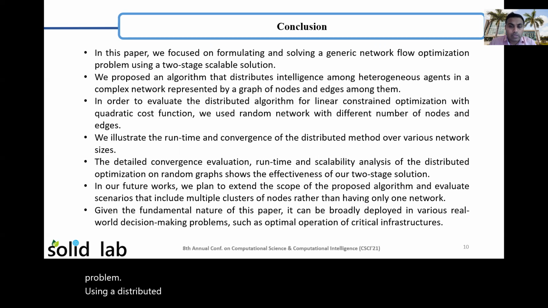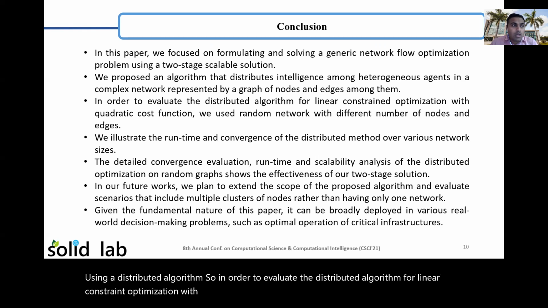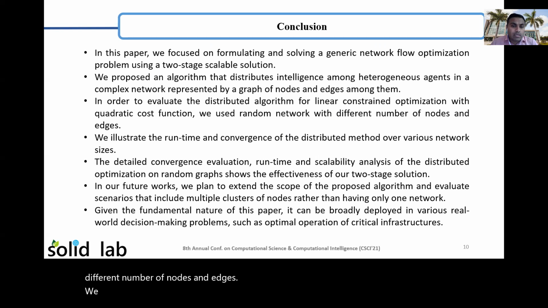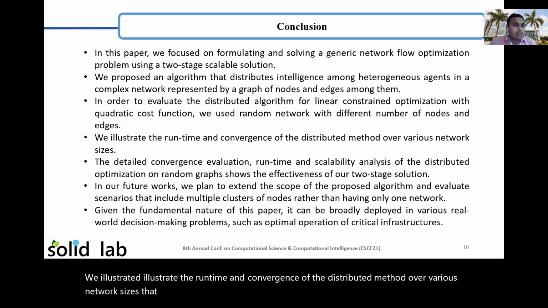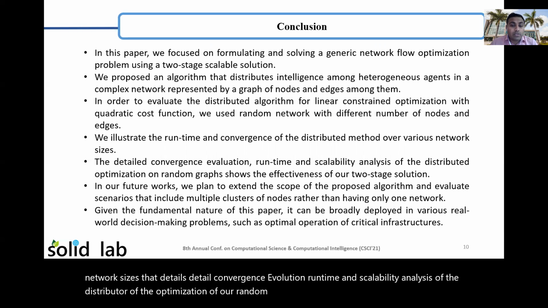In order to evaluate the distributed algorithm for linear constraint optimization with a quadratic cost function, we used a random network with different numbers of nodes and edges. We illustrate the runtime and convergence of the distributed method over various network sizes. The detailed convergence evaluation, runtime and scalability analysis show the effectiveness of our two-stage solution.